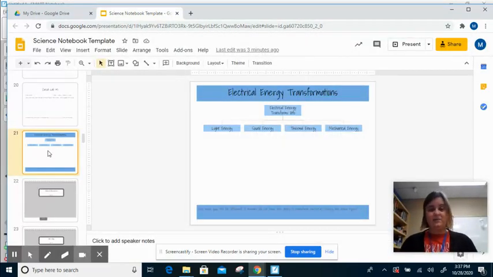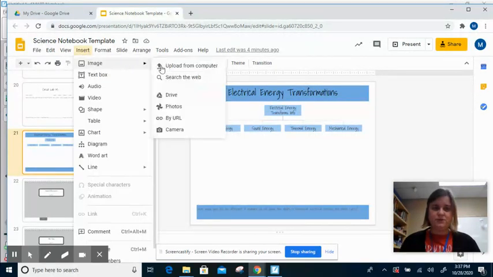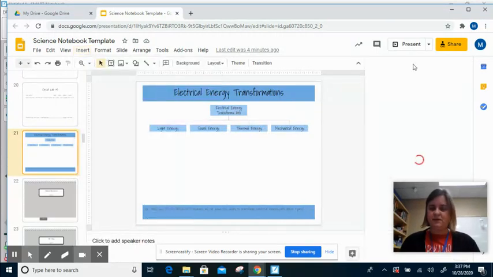Okay, finally, I am out of present mode. So I can go to Insert, Image, Search the Web. And then I can come over here to the side when the search bar pops up, and I can say alarm clock. And hopefully it'll find one.